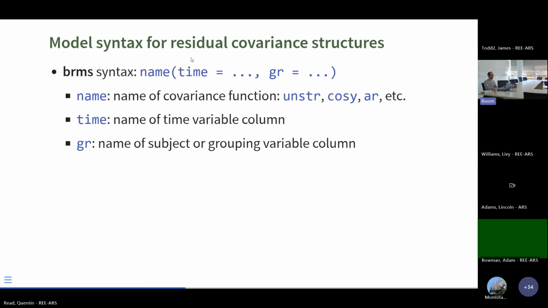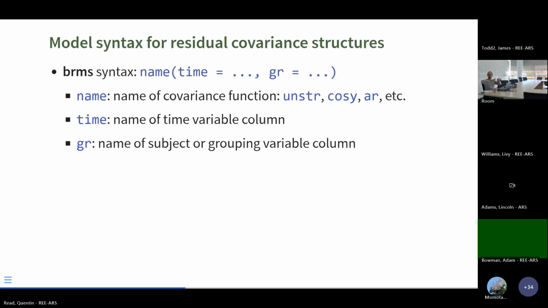Instead of name, you would write in the proper covariance structure function, and you have to specify which column in the data is the time variable, and GR is the subject, the grouping variable. In this case, time is going to be the days since start. That's the variable that indicates time, and group is going to be the individual animal.